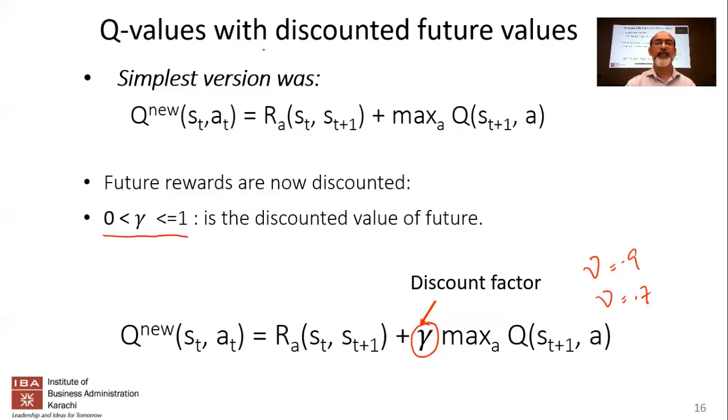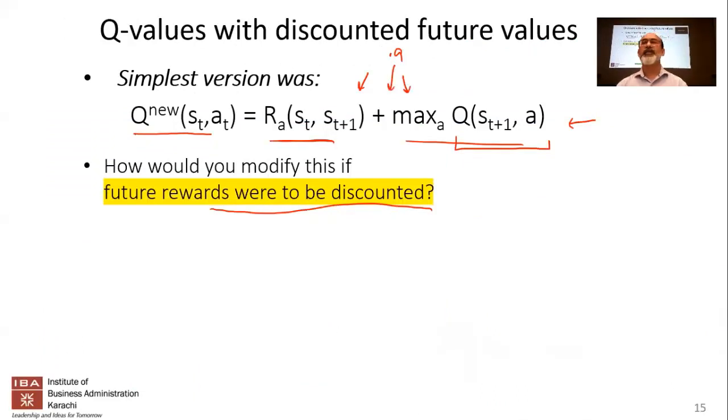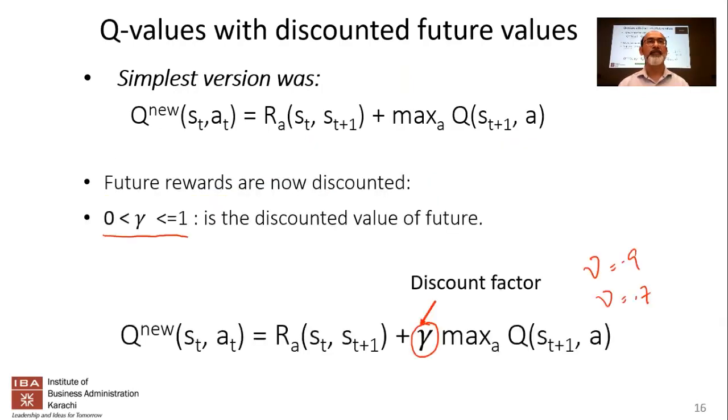We've looked at the basic equation, then we looked at the uncertain equation, and we've looked at the future discounted version. Now I'm not going to combine all of these, but you can combine all of these. So if I say, what if you had discounted future values plus you had uncertainty, you can imagine what we would do.